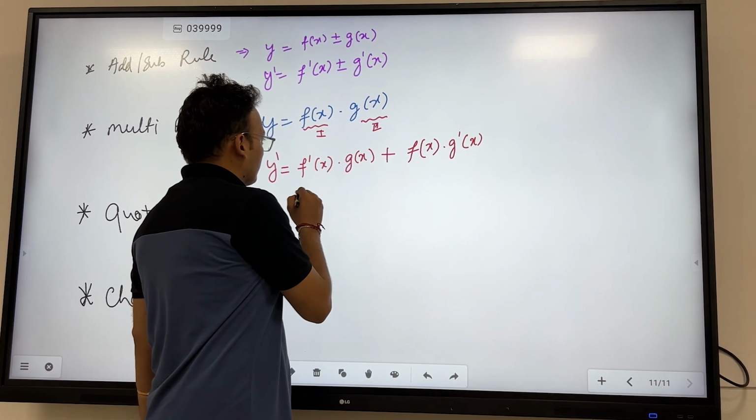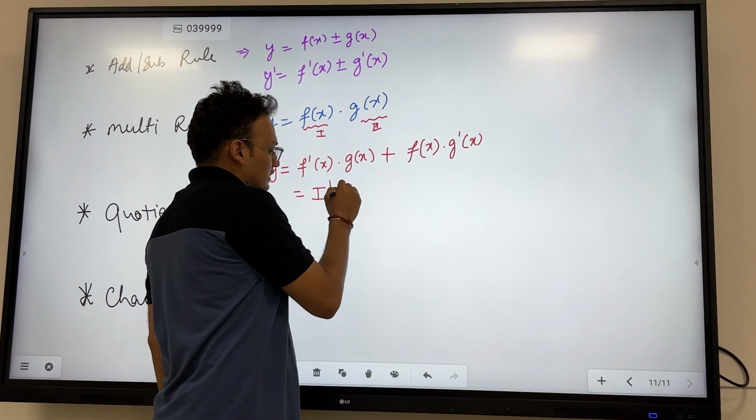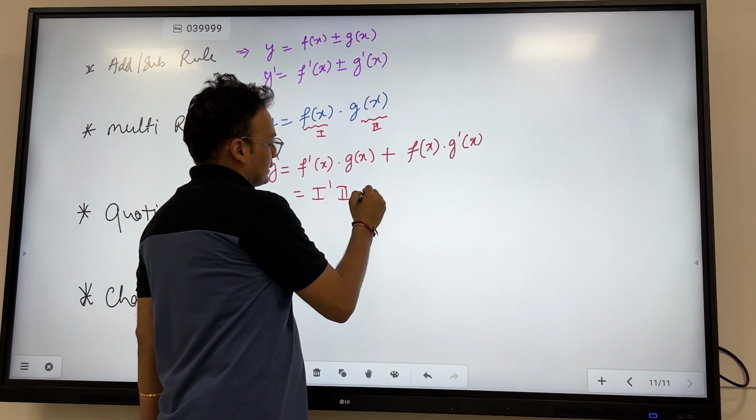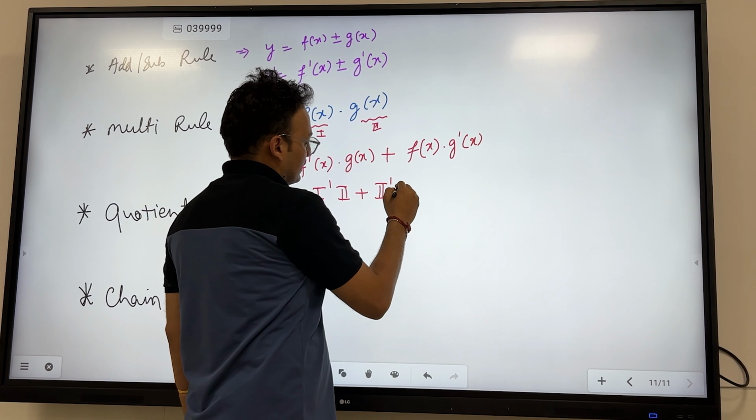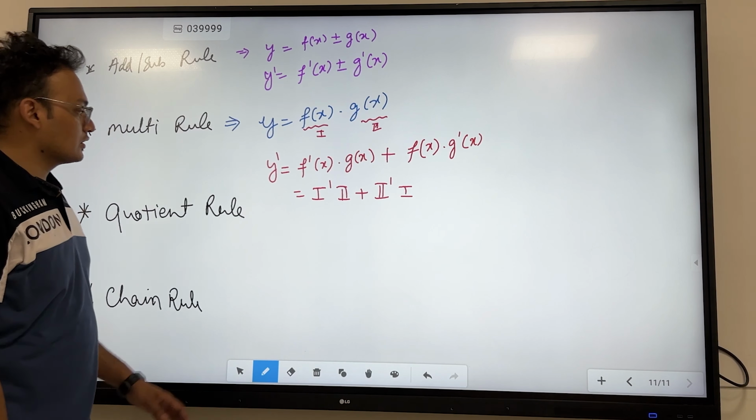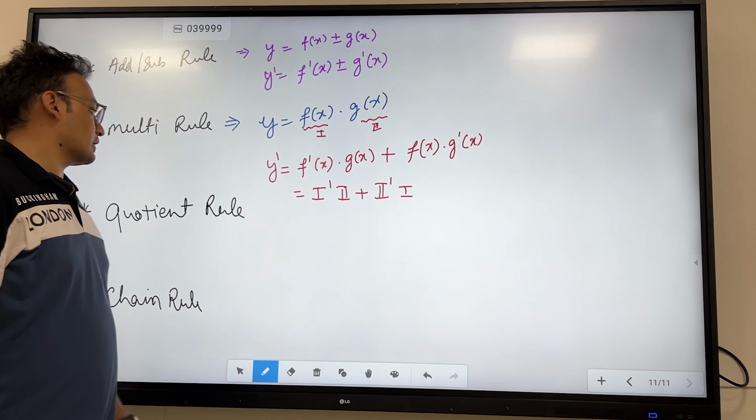First differentiation of first, second as it is, plus differentiation of second, first as it is. So you have to write in the same order as well.